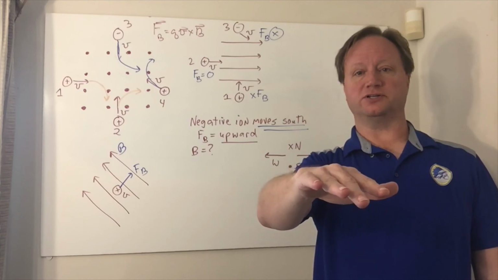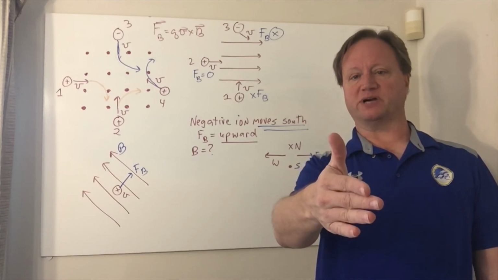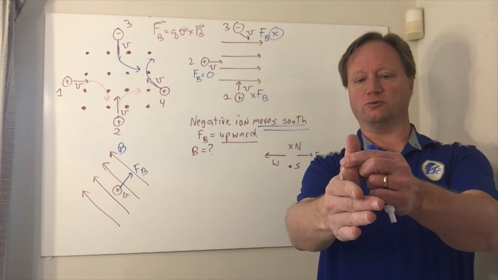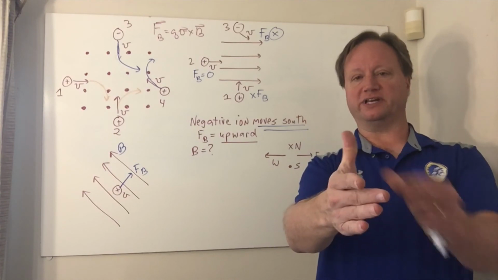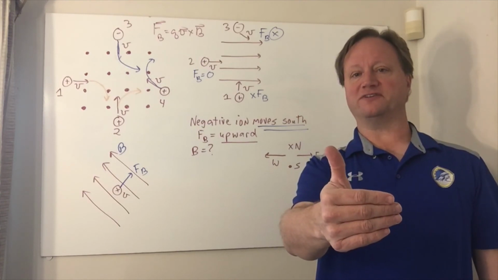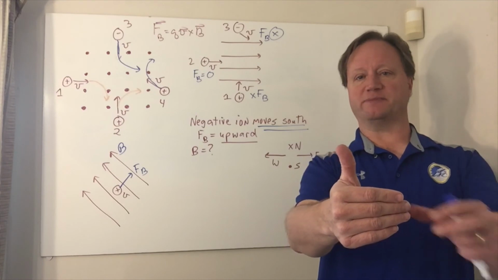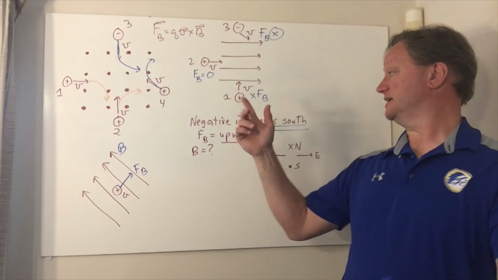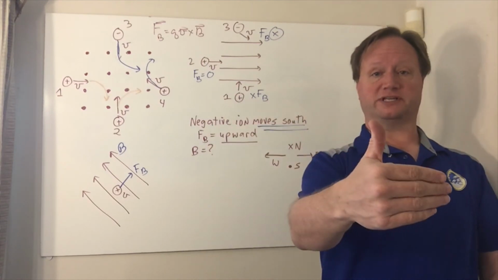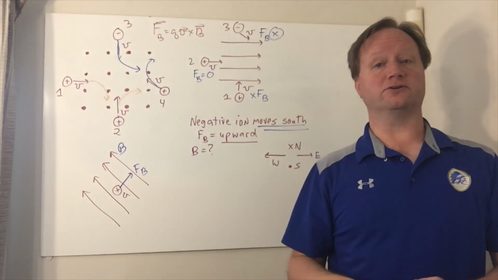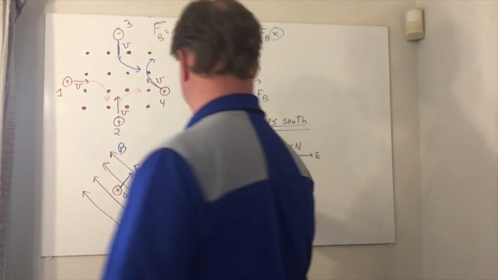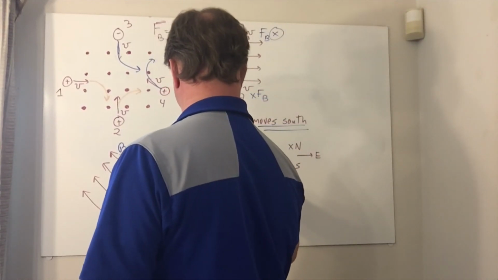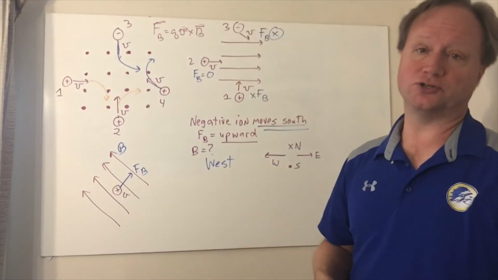So then what I'm going to do is I'm going to rotate my hand. I want the upward force, and so my thumb is pointed upward, so then I would wrap my fingers in the direction of the magnetic field, which would be in the east direction, but it's a negative ion. So once I do this, I need to flip it 180 degrees over, and so my magnetic field would be in a direction to the west.